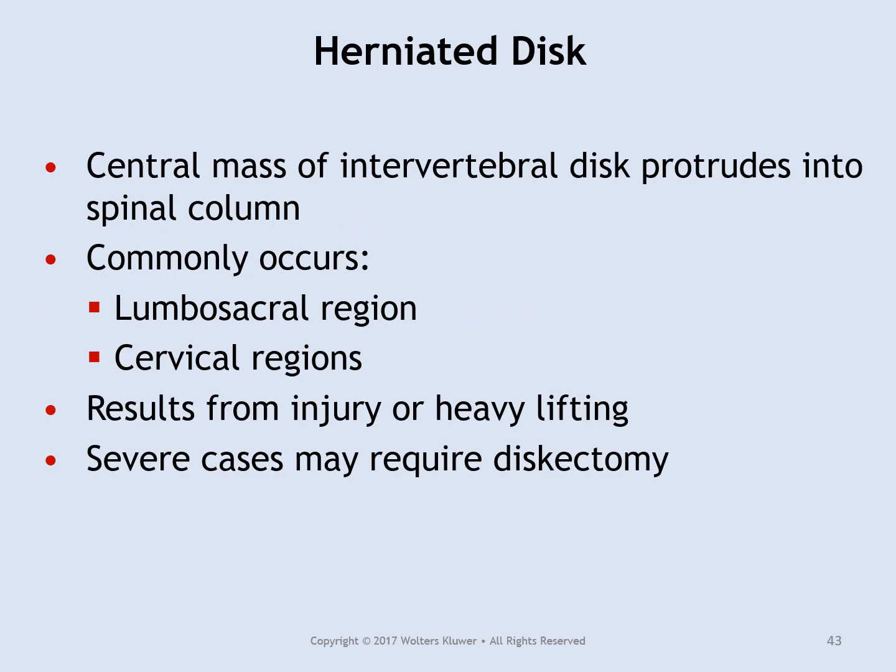When you get a herniated disc, there is a mass inside of the disc that can stick through and start pinching on nerves. Again, we're looking at the lower back and the lumbar region oftentimes, and skip through the thoracics up to the cervical regions. It can happen when you damage a vertebra from lifting something improperly, and you can actually have to go in and take out some of that disc to keep it from pressing on the nerves and causing all the pain.